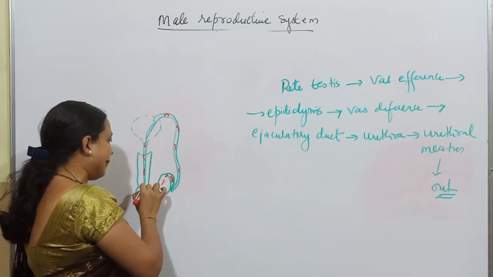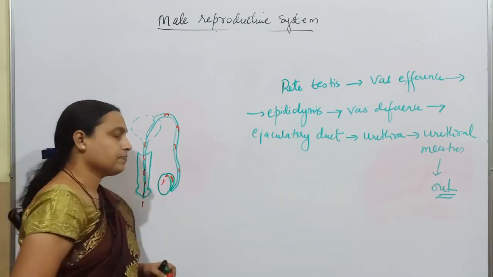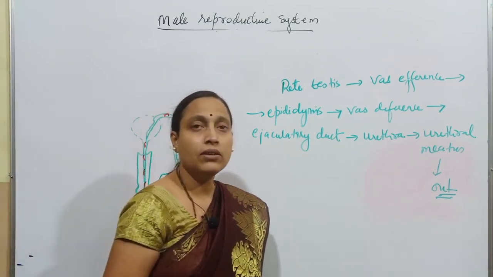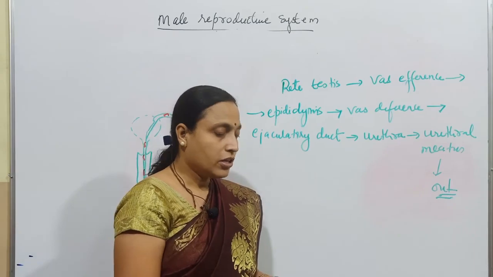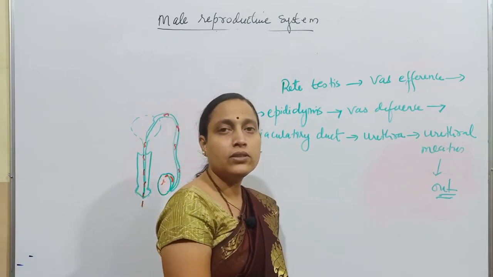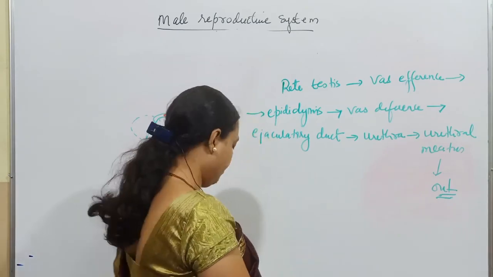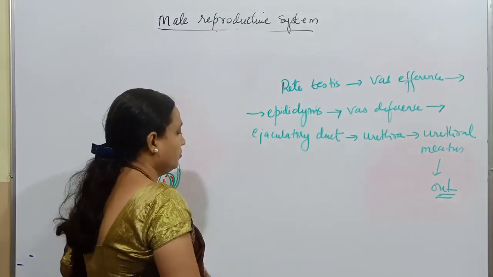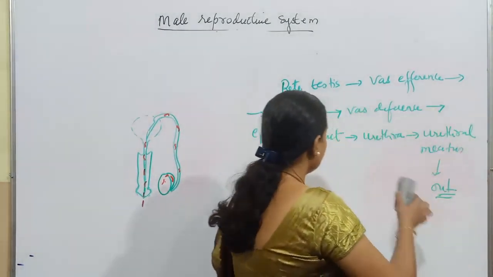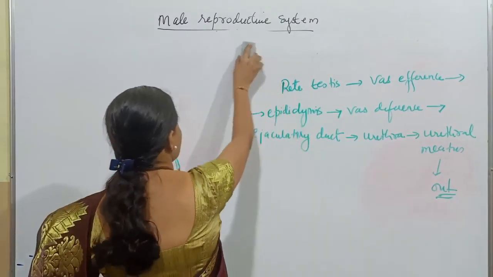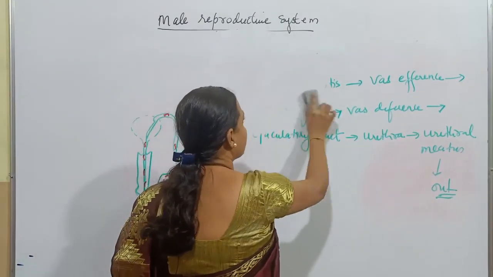The urethra, and then through the urethral meatus it is going to be released outside. And this is the trajectory of the sperms, or pathway of the sperms. This completes the accessory ducts.